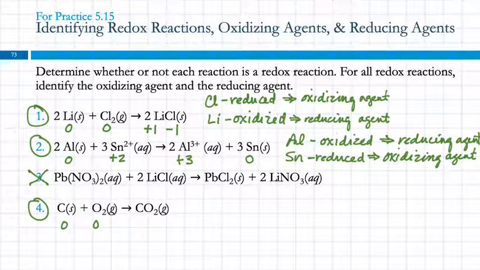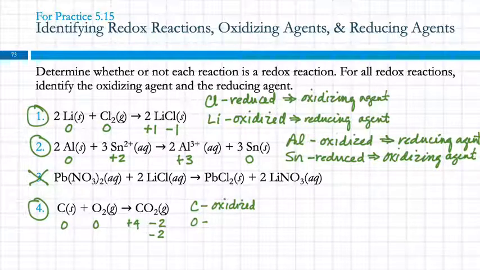CO2. Fluorine? No. Hydrogen? No. Oxygen? Oxygen's -2. There are 2 of them. They are each -2. What's the carbon? +4. So the carbon going from 0 to +4 is oxidized.